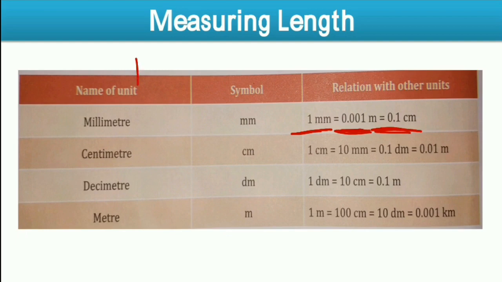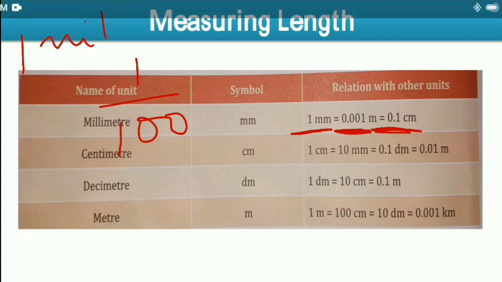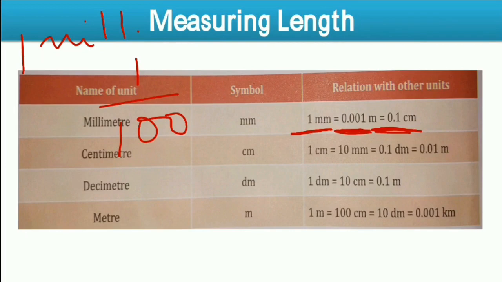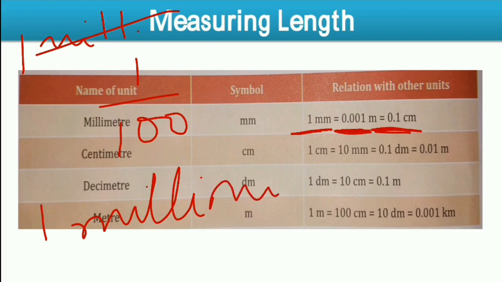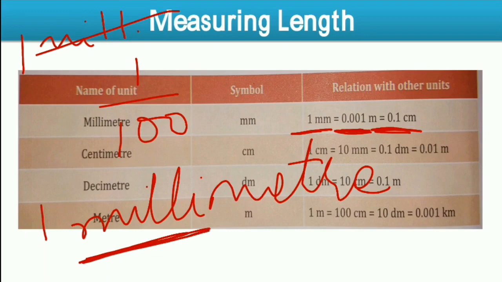The milli prefix is used for the thousandths part. Let me write here 1 millimeter. Milli is the prefix, and this prefix is used when the multiple is like this, 1 by 1000.